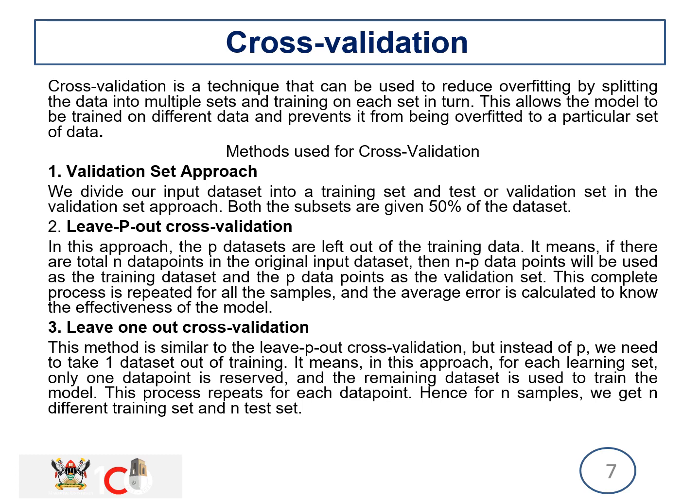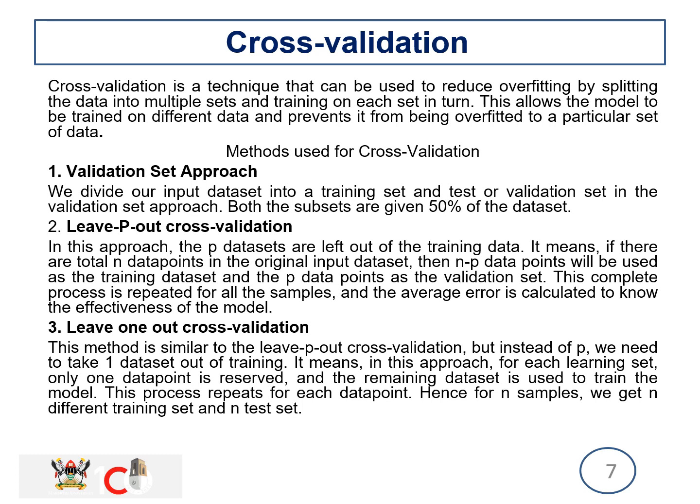What are some of the methods used for cross validation? We have what we call the validation set approach. Here we divide our input data set into a training set and a validation set. In the validation set approach, both subsets are given 50% of the data set.